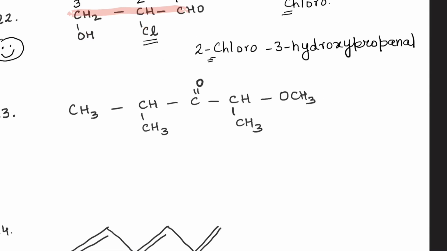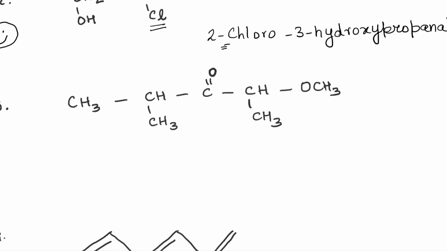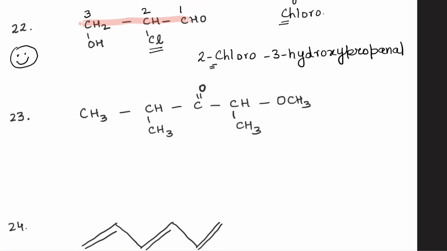Now, this question number 23 does get a bit tricky, because I have noticed students including this carbon as part of the main chain. Is that right? Think about it. What are the rules that we had stated? Yes, there should be no break. We are talking about the continuous chain of carbon, whereas here that chain is broken by oxygen in between.